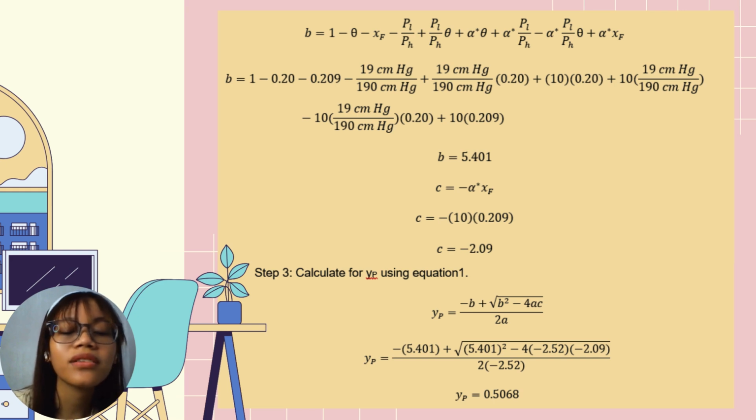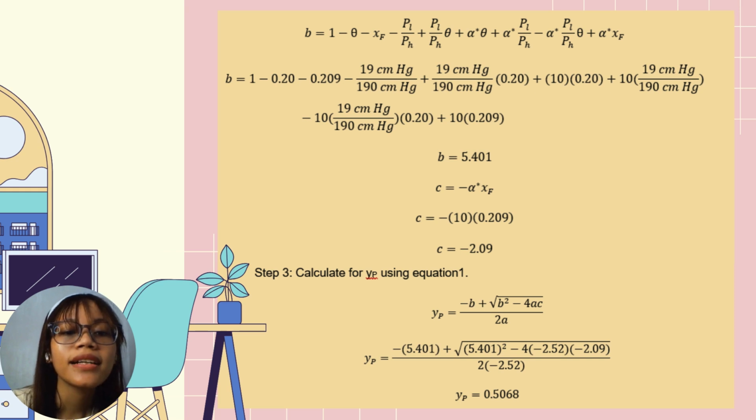So these values are also given in the problem, and then the mole fraction in the feed is assumed. So 0.209. Substituting these values in the equation for B, the B is equal to 5.401.